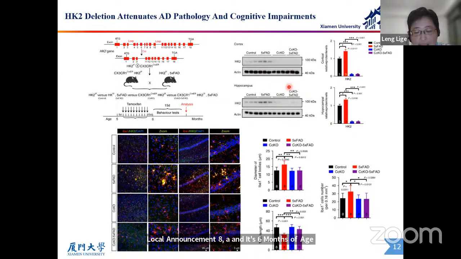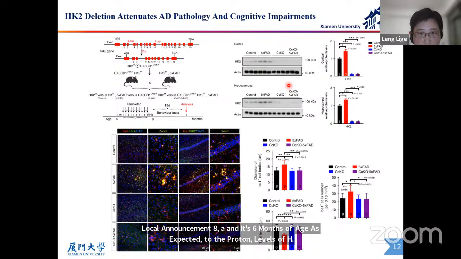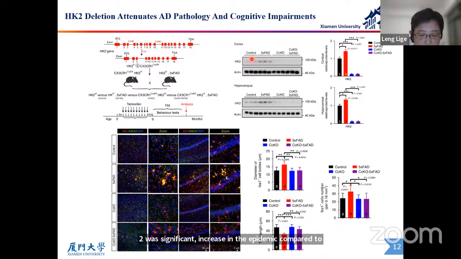As expected, the protein level of HK2 was significantly increased in the FAD mice compared to the control mice, whereas HK2 was nearly undetectable in the HK2 cKO mice and cKO FAD mice, indicating high conditional knockout efficiency of HK2.